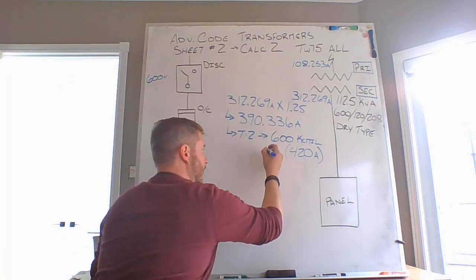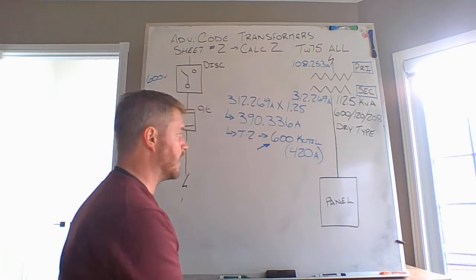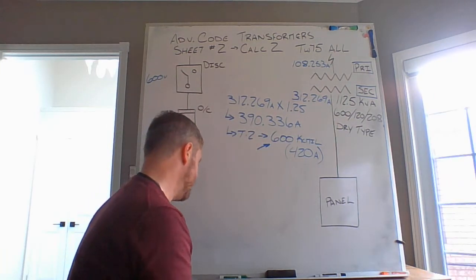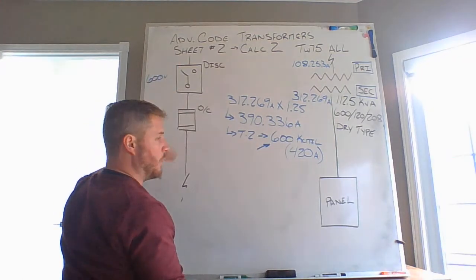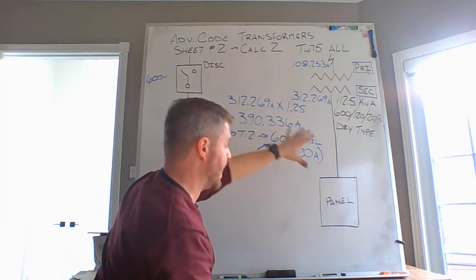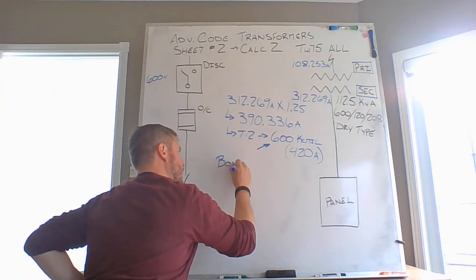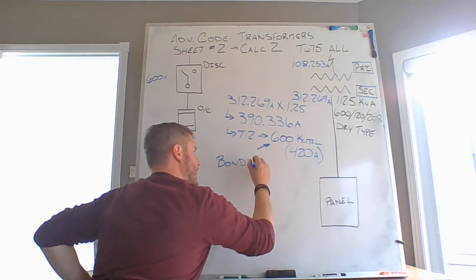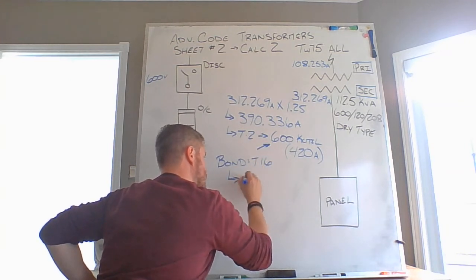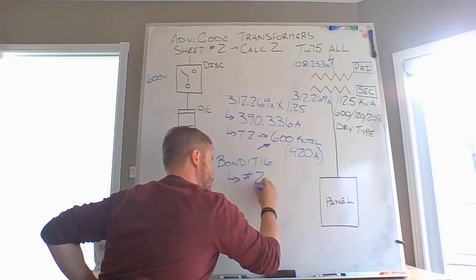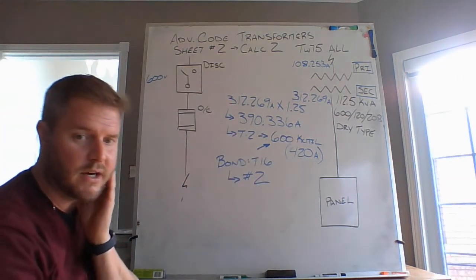At no point in time would that bonding conductor ever have to exceed 600 kcmil. On the primary side, on my 600 volt side, we had a number 6. On my secondary side, for your bonding conductor, once again, Table 16, I am therefore installing a number 2 bonding conductor on my secondary side.